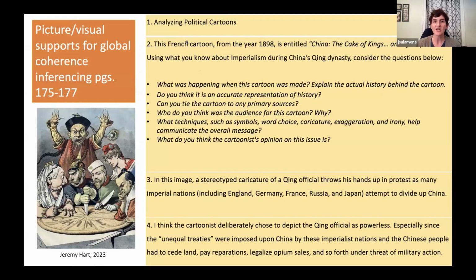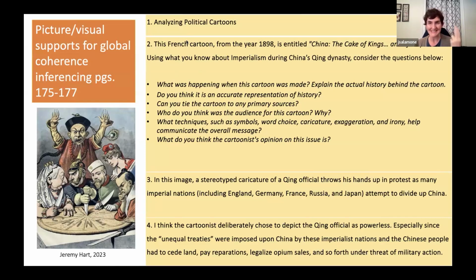Jeremy developed a really great series of questions that he used when analyzing political cartoons. This includes what was happening when the cartoon was made, thinking about the time period and the context, and whether this was an accurate representation. Were there other primary sources that connected?